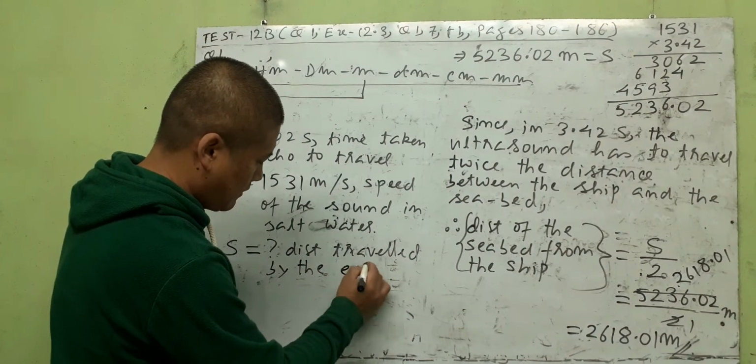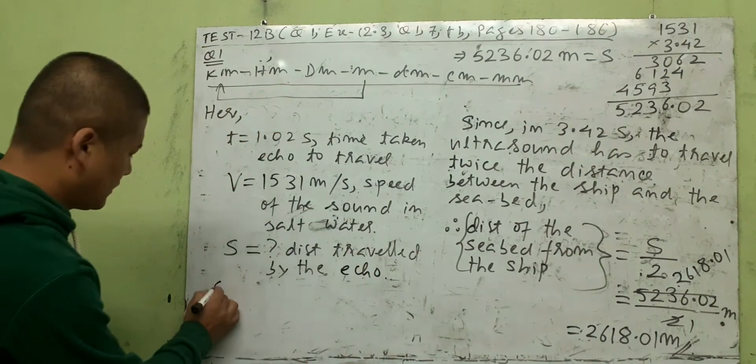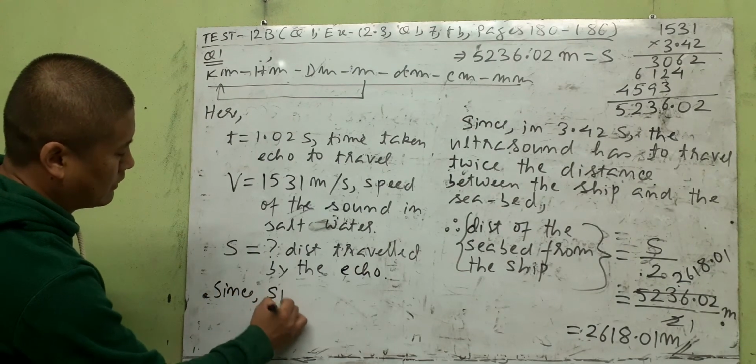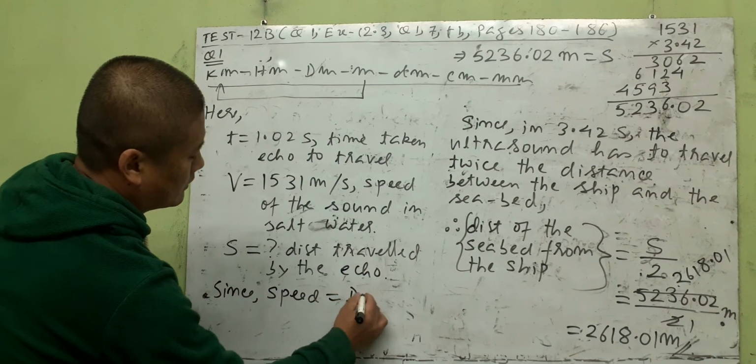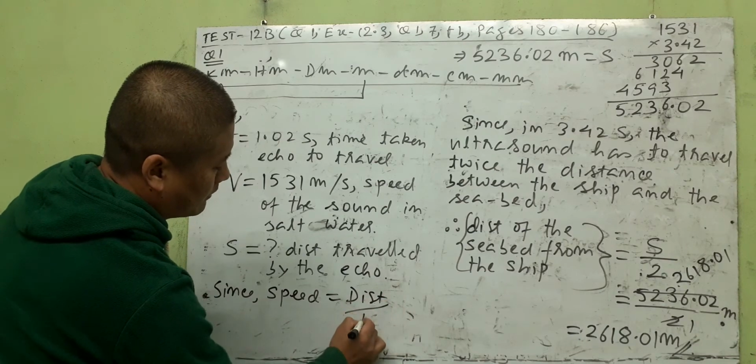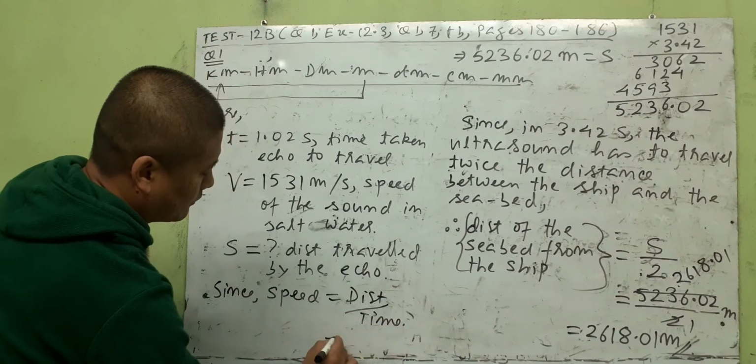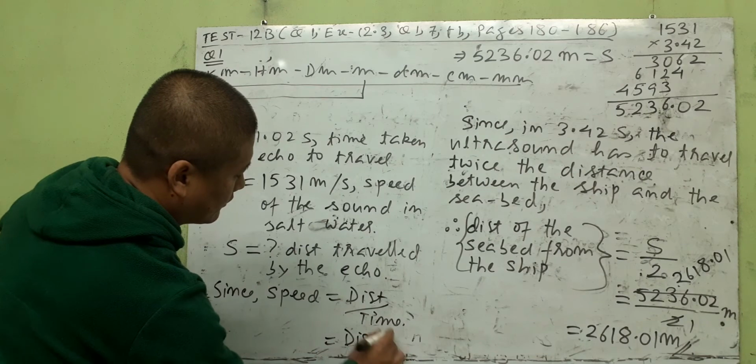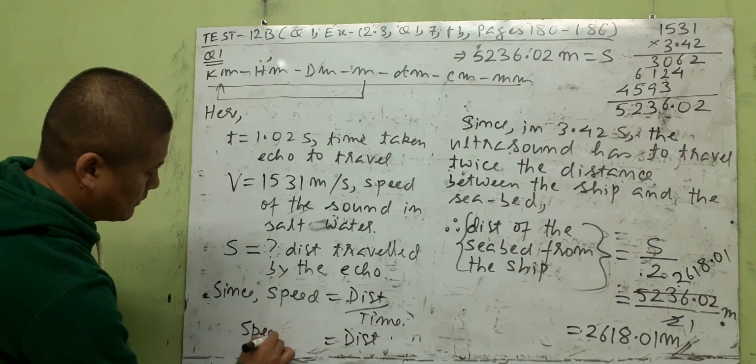Since the basic formula for speed, we can start with that: speed is equal to distance by time. We want to find distance, so move the time to the other side, and this will become speed into time.